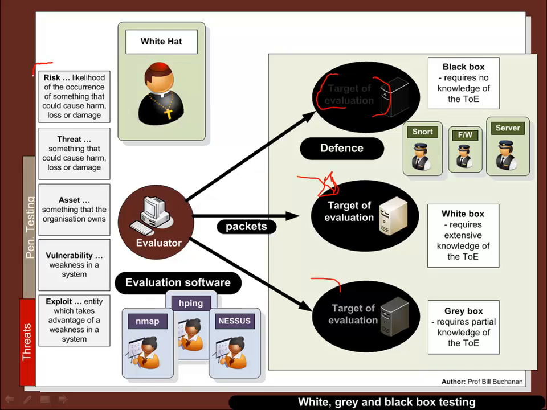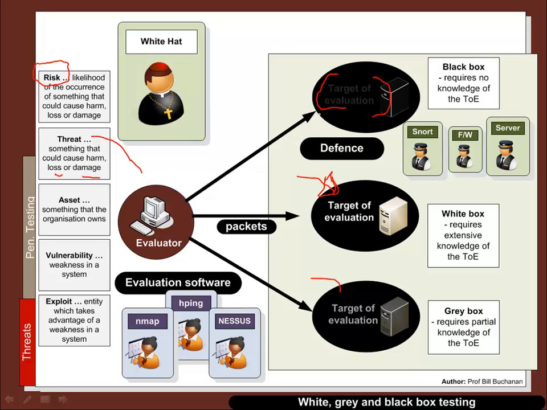So some of the key objectives and terms that we have is risk, which is the likelihood of an occurrence of something that could cause harm, loss or damage. There's a threat, which is something that could harm, cause loss or damage. An asset is something that the organization owns.